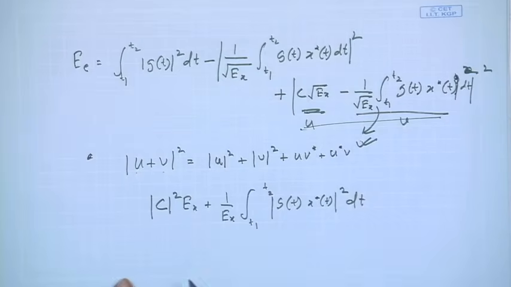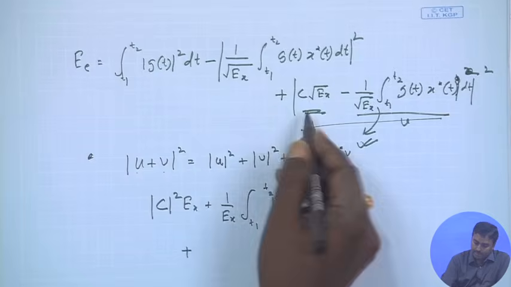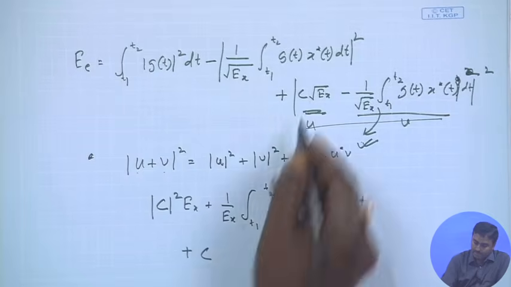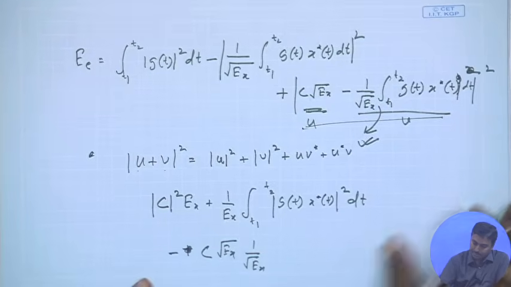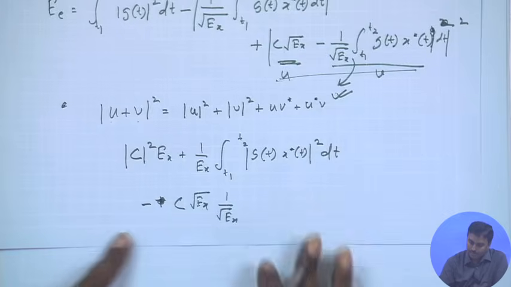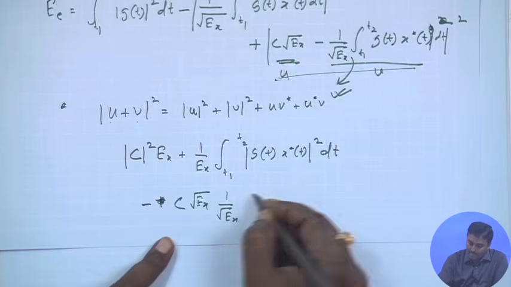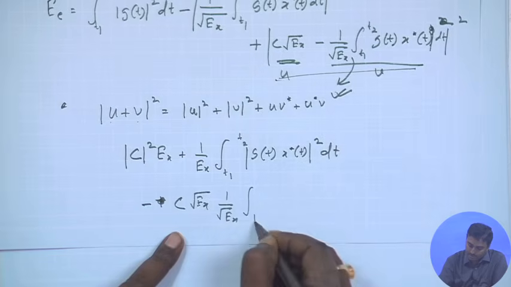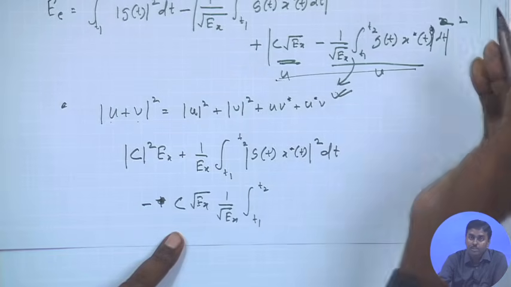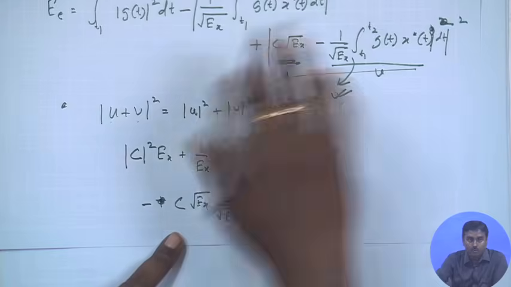So, if you put u v star, what do we get? We get c root E_x into 1 by root E_x, of course, there should be a minus, okay. And we have that same integration t1 to t2, but we have to put a star of that, right, u v star.